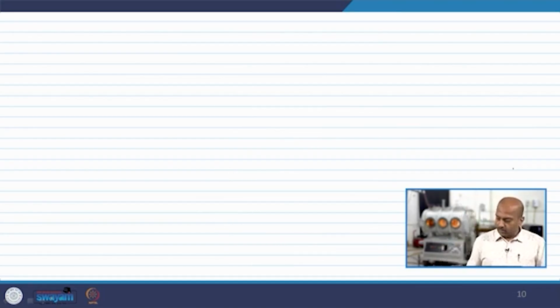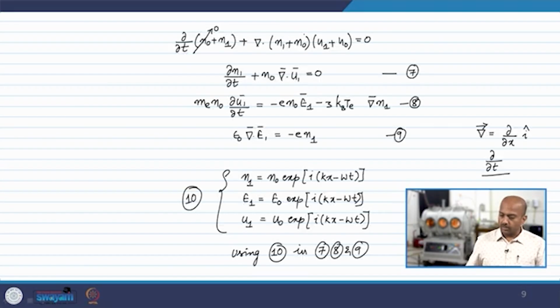So, when you substitute these solutions into the linearized governing equations, you will get minus iω n1 plus n0 i k u1 is equal to 0, which is from the continuity equation, equation number 7.